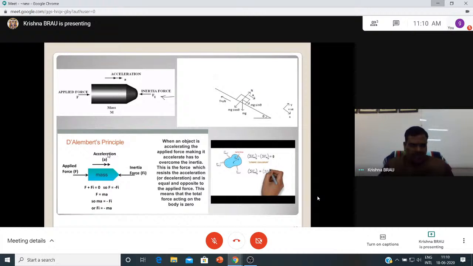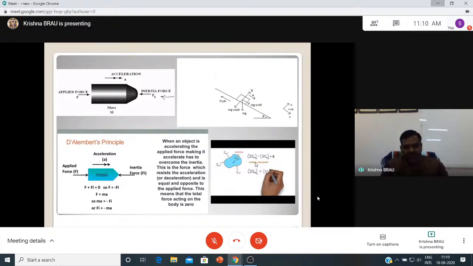See now, the same schematic representation: force, inertia, mass. F plus the sum of the forces, Fi may be negative, but the sum of the forces is equal to 0. That is the resultant force plus inertia force. We are considering the mass into acceleration as the inertia force.